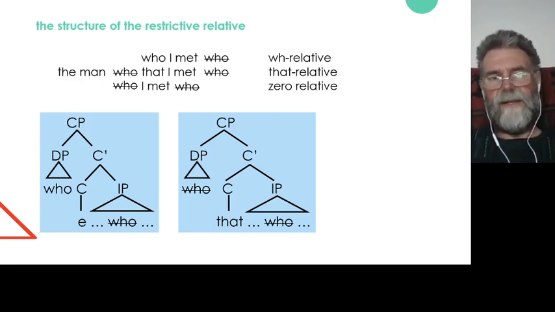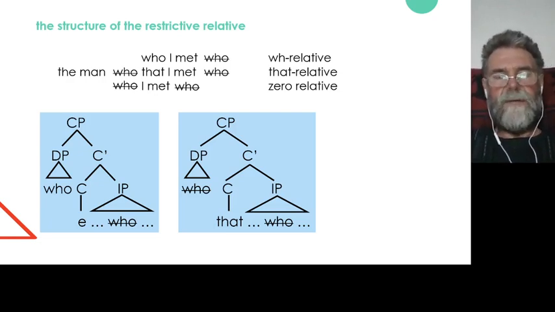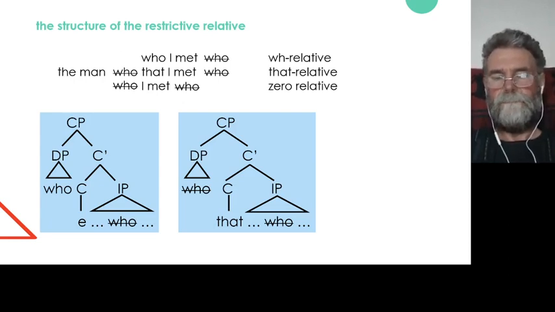Whereas with the that relative we get the unpronounced WH phrase and the pronounced complementizer. So the only difference between these two types of relative clause is simply what you pronounce inside the CP. Is it the head complementizer or is it its specifier WH phrase?